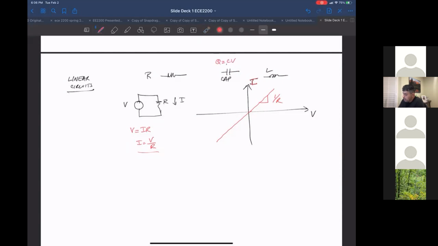If you plot the charge across the capacitor, it depends on the voltage, and you go back and forth, it's all linear. And for an inductor, voltage is L times the change in current with time. Again, whether the current's flowing forward or backward, it's a line, and it doesn't matter.